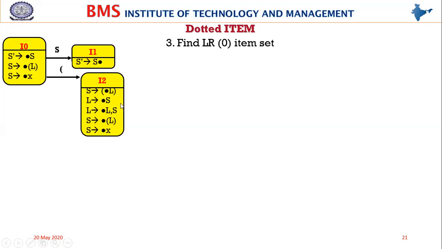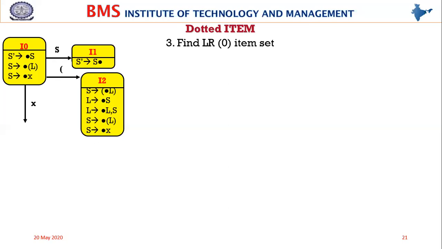L produces dot S, L produces dot L comma S. So there is again a dot in front of S, so I should include all the S productions. So we get S produces dot L close parenthesis, S produces dot X. Observe that the only rule is that if there is a dot in front of a non-terminal, all its productions should be included with the dotted notation in the same state.